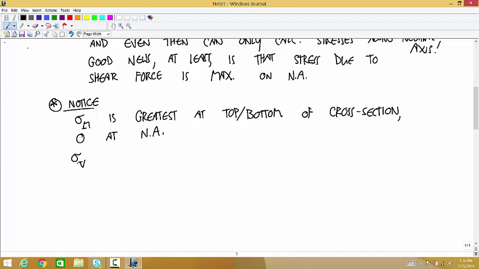The stress due to shear force is greatest at the neutral axis, and 0 at the top and bottom of the cross section.